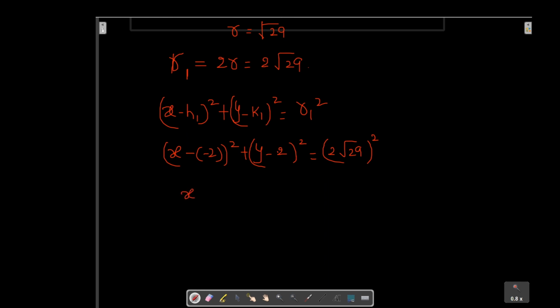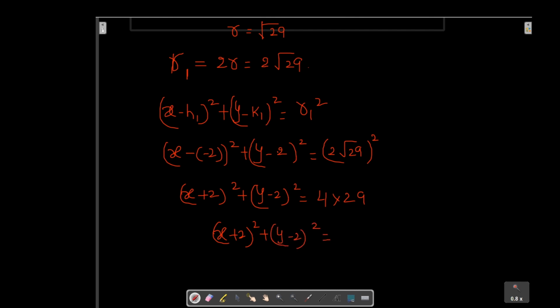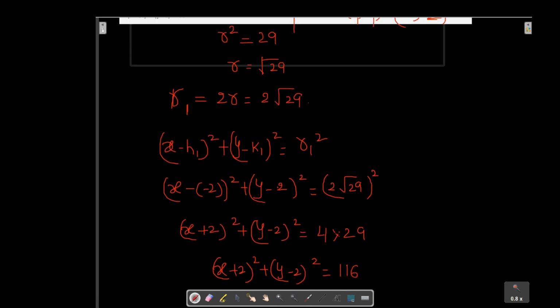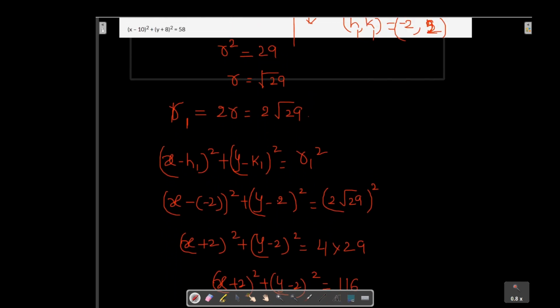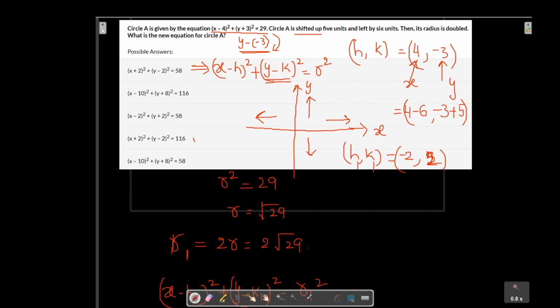Minus times minus will be plus: x plus 2 whole square plus y minus 2 whole square equals 2 root 29 whole square. 2 square will be 4 times square root of 29 whole square. Square and root will be cancelled. We have 29. X plus 2 whole square plus y minus 2 whole square equals 4 times 29, which will be 116. We can find this equation in the fourth option.